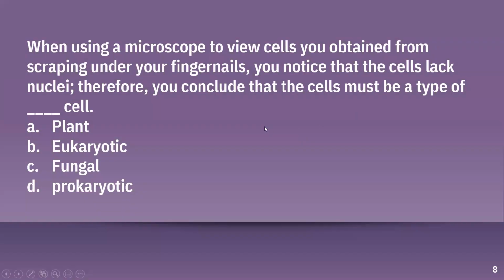So just to go over what you need to know from this part of the presentation, you need to know the 3 parts of cell theory. You need to know the 4 cellular structures that all cells have in common: plasma membrane, cytoplasm, DNA or chromosomes, and ribosomes.